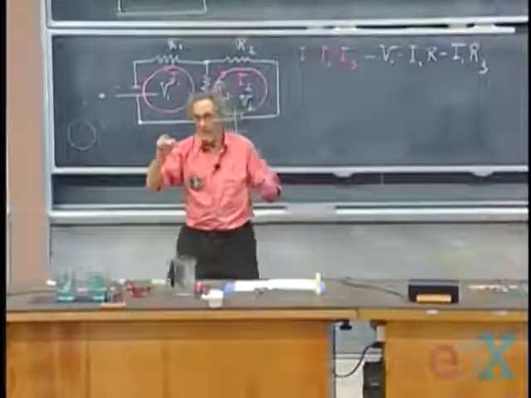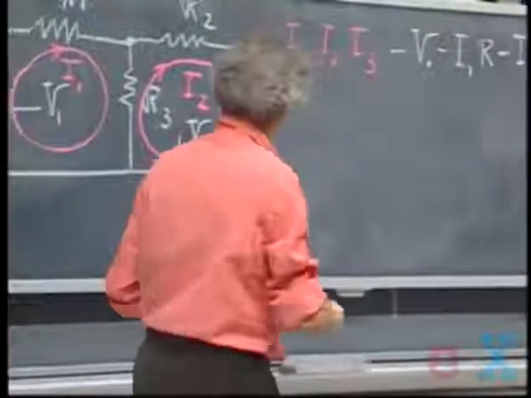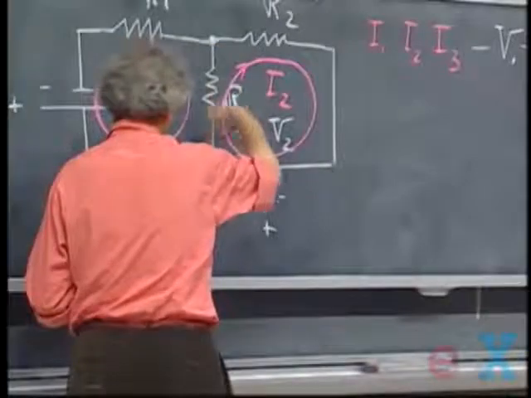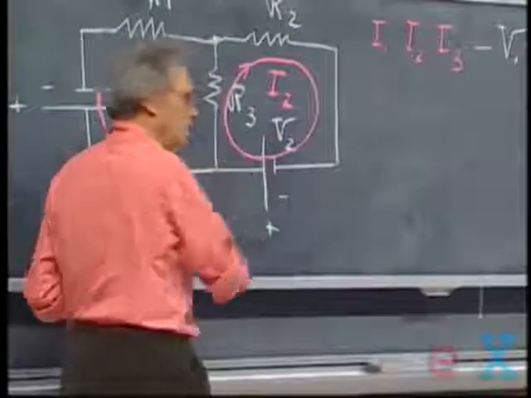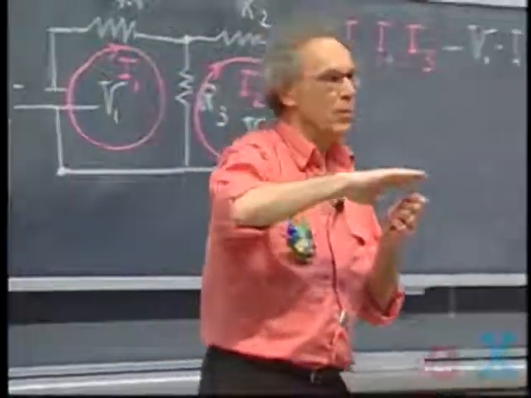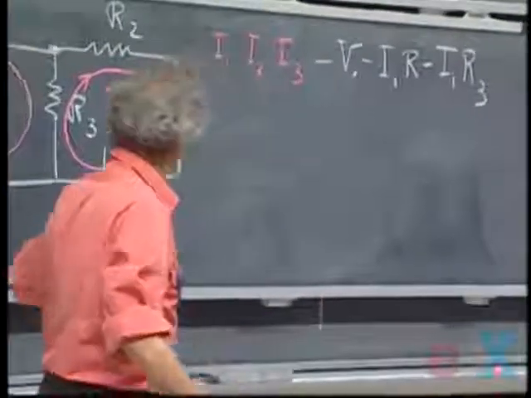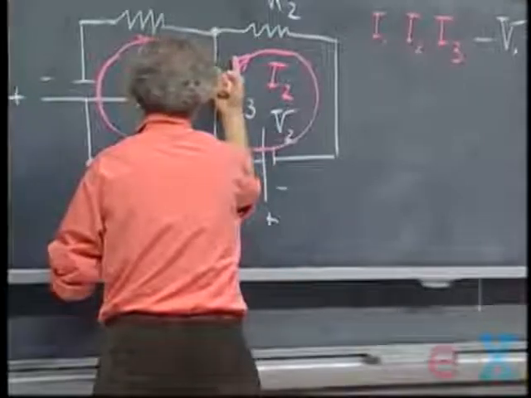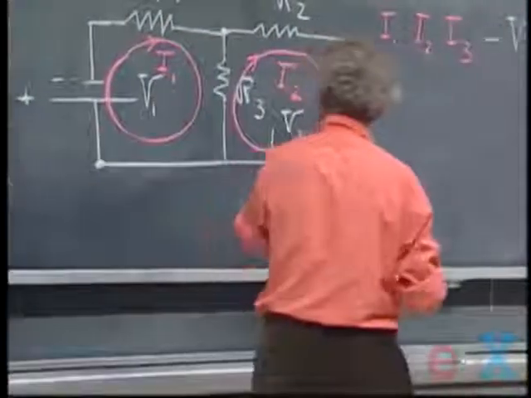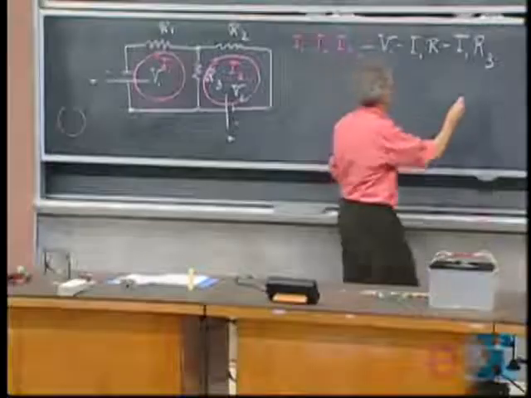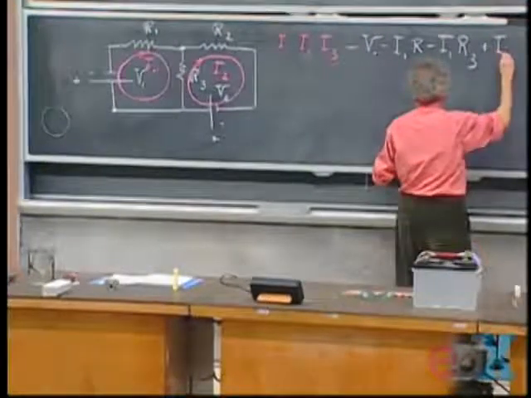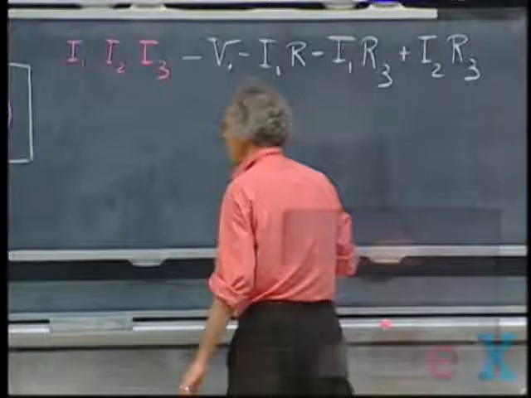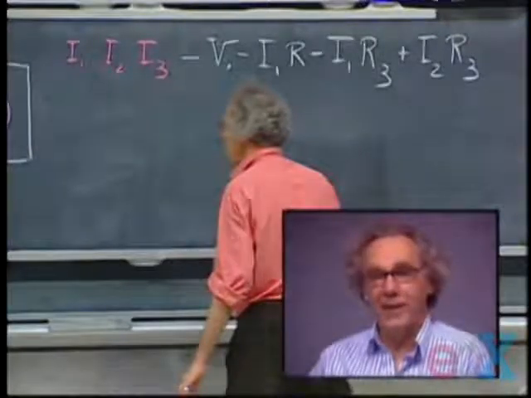But I have independently a current I2 which is now coming towards me when I go down. And so if it comes towards me, that current would give me an increase in potential. This would have to have a higher potential than this for this current to do this. So now I climb up the potential hill, so I get now plus I2 times R3. And we're, uh-oh, look what I did.